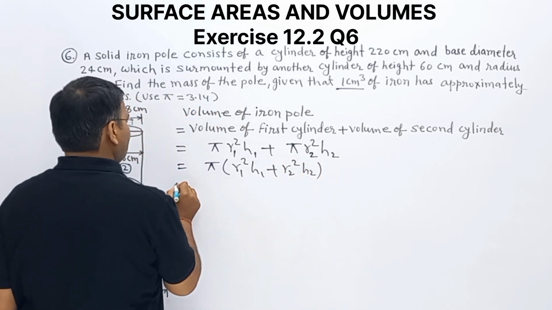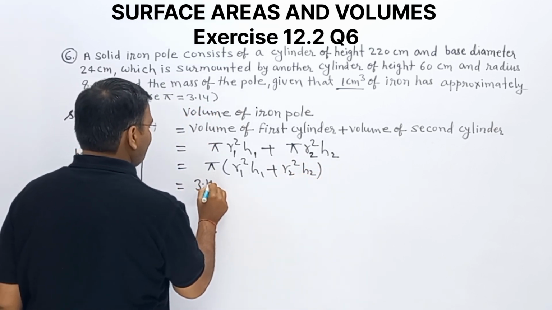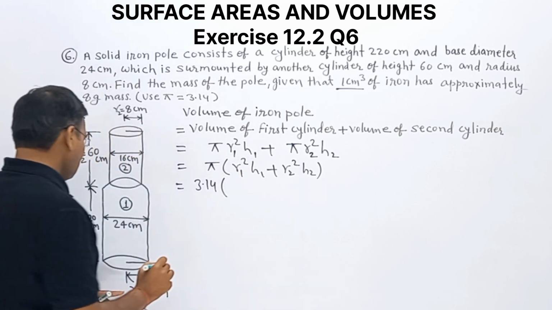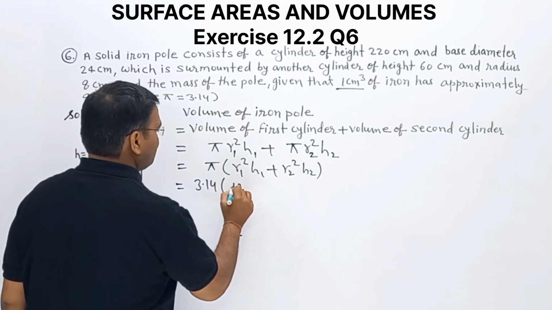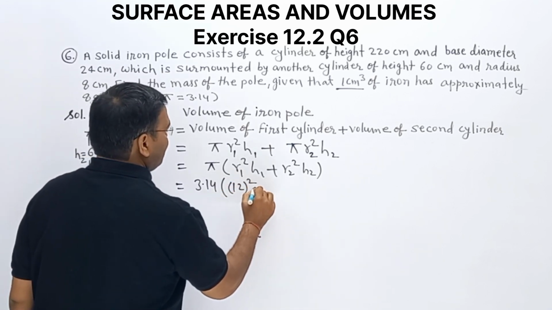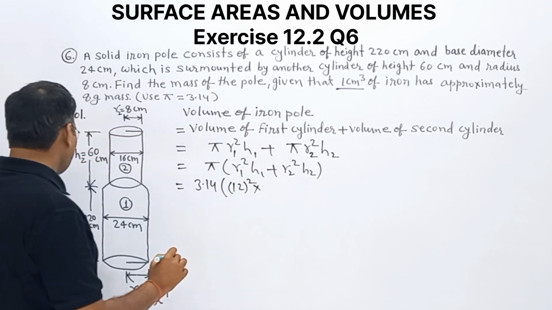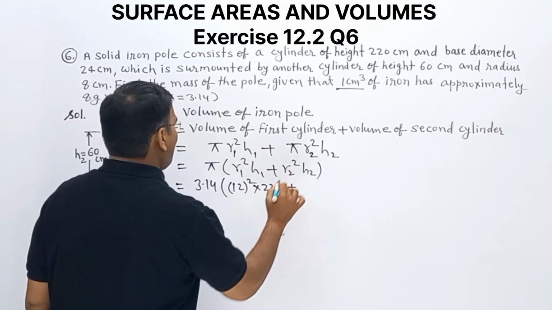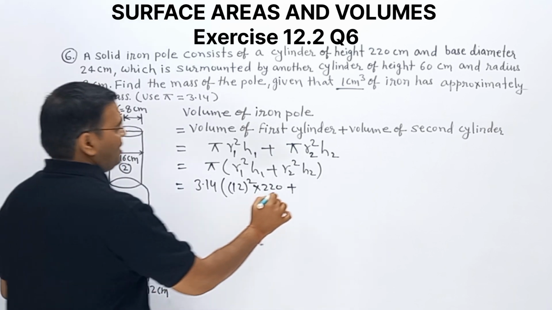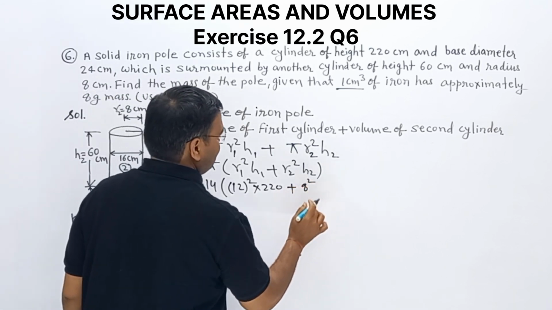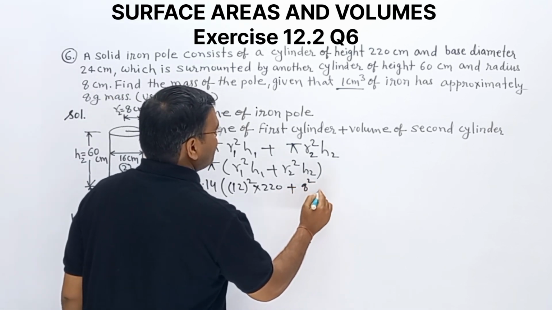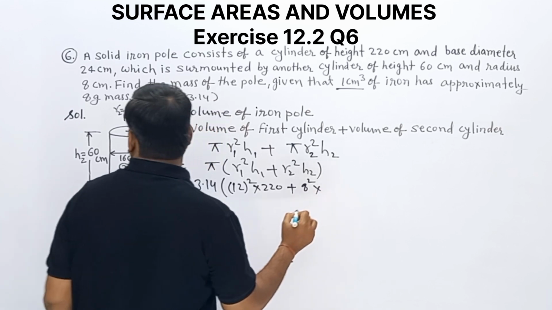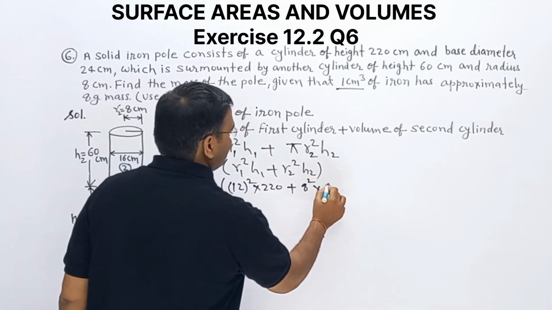Clear? Now put the values. Pi is 3.14 into r1 is 12 square into h1 is 220 plus r2 is 8, 8 square into h2 is 60.